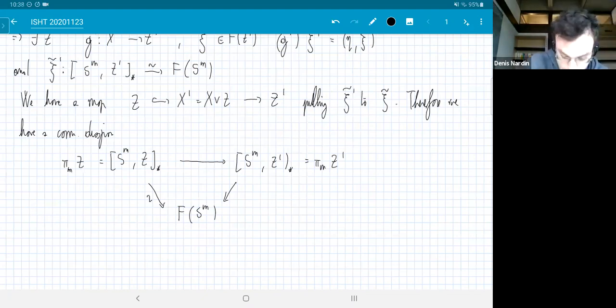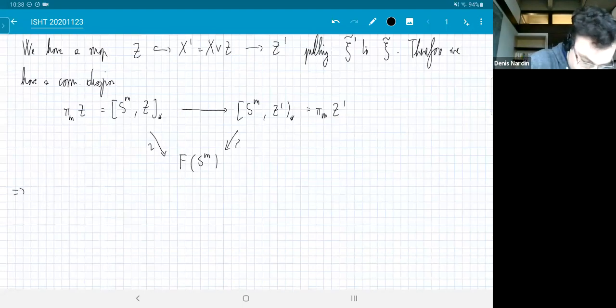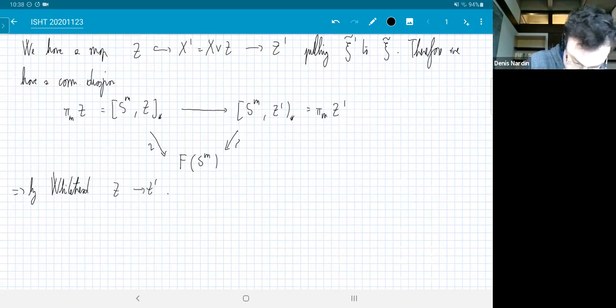And this is an equivalence, and this is an equivalence by hypothesis. And therefore, by Whitehead, the map from z to z prime is also an equivalence.